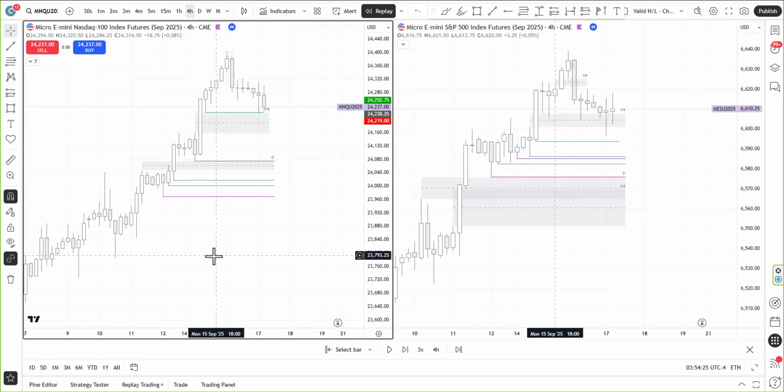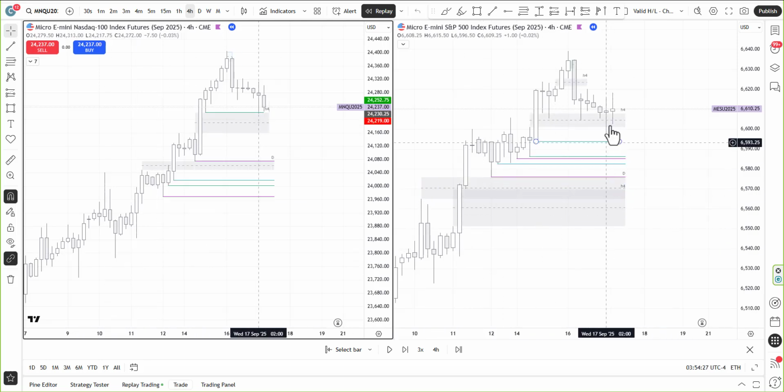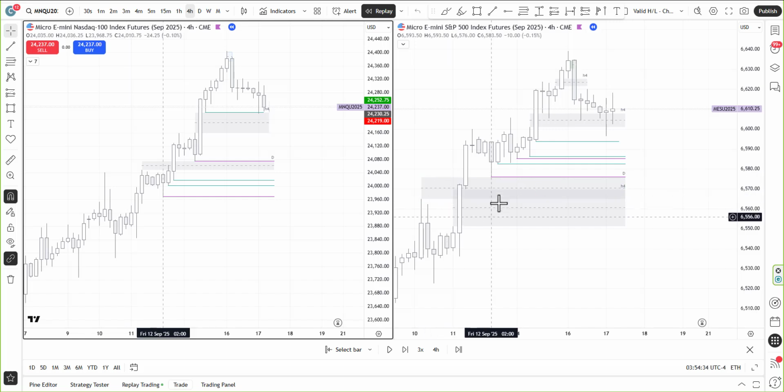which I showed you here, and there of course are some divergences. For example, the daily gap on NQ is smaller than on ES, and there's also an additional 4-hour gap over here. So I just mark out all these levels, and then I decided to watch price.